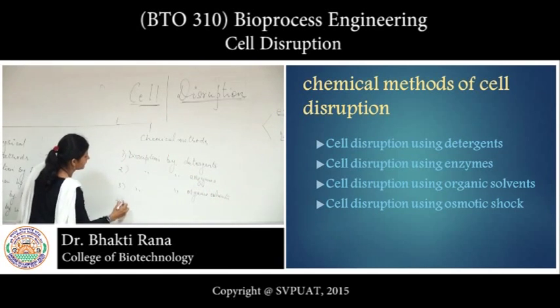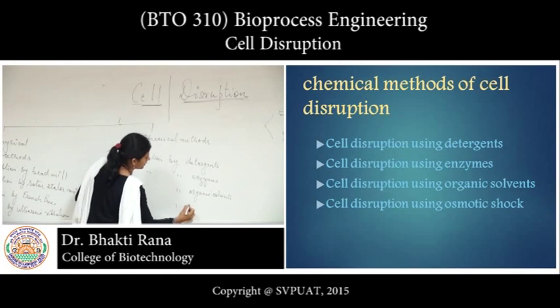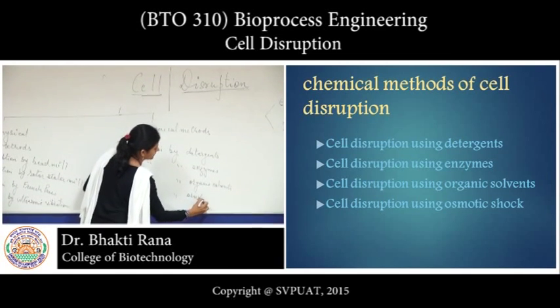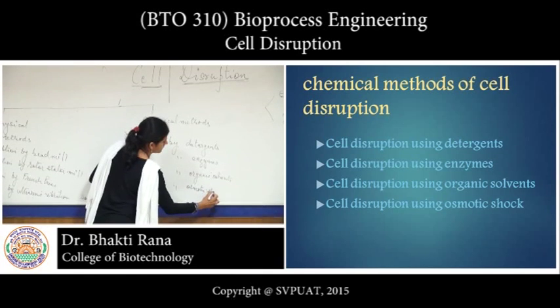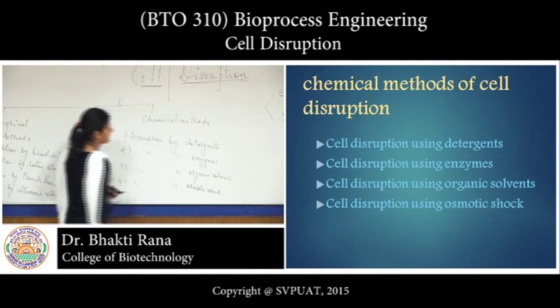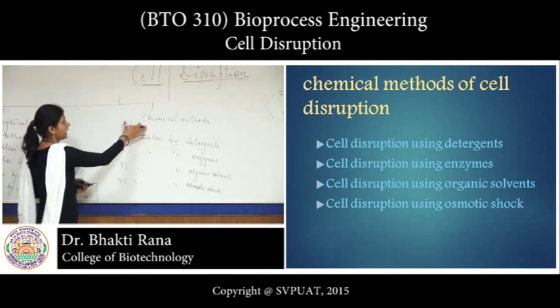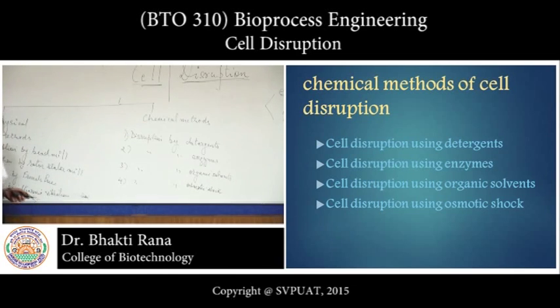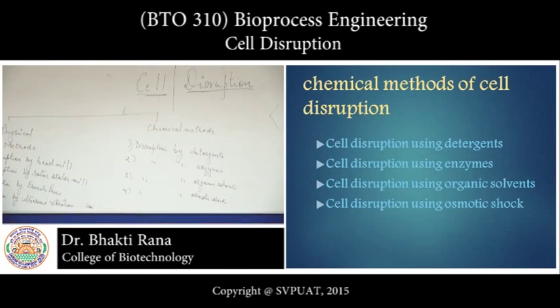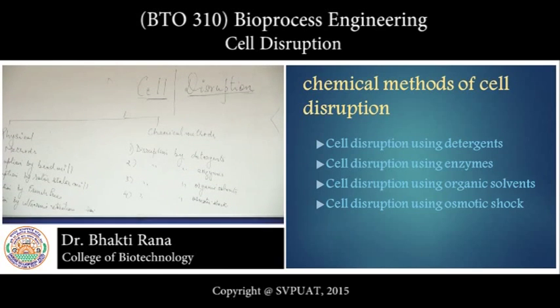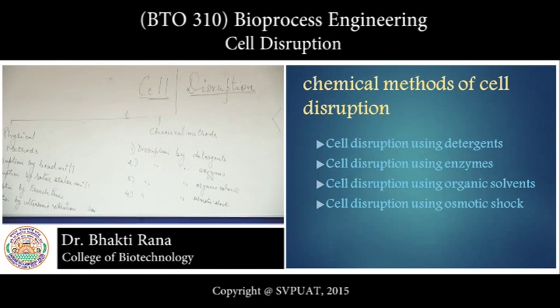And fourth one you have disruption by osmotic shock. Mainly chemical methods are used to weaken the cell wall of the fungi or bacteria. It can weaken the cell wall, but it cannot disrupt. So you need physical methods also.